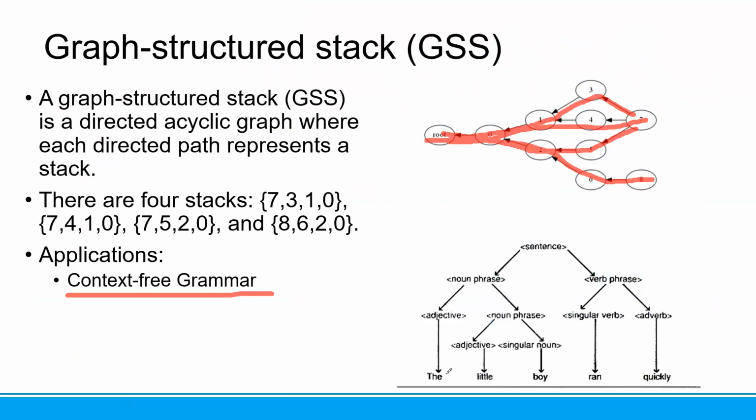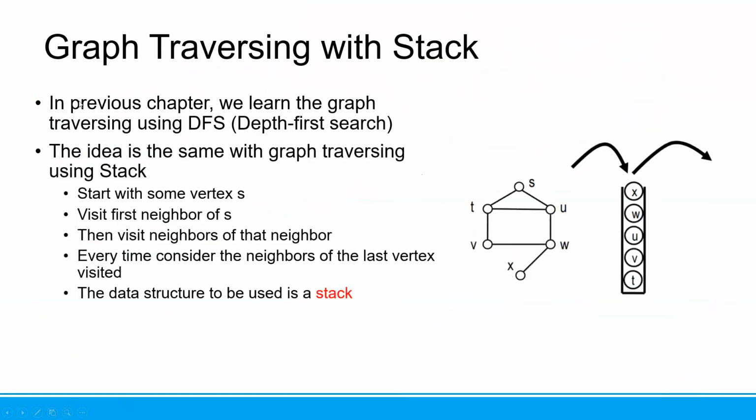For every word, they can distinguish whether it is an adjective, or a singular noun, or a singular verb, or an adverb, and then you check what is the best path to make a sentence. So we call this the graph structure. So you can use graph traversing with a stack. This is one of the applications.